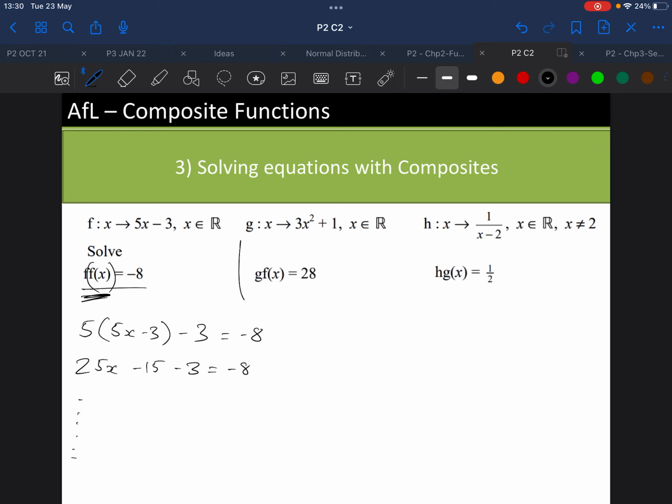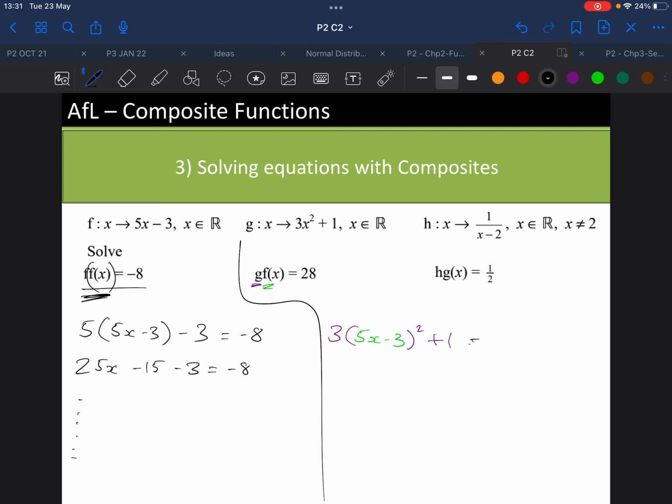We'll do one more. We'll do this one over here. So g of f of x. So like we just did on the previous one, I'm going to write out the rule for g first, which is 3 something squared plus 1. And now I'm going to write the f of x bit inside, which is 5x minus 3.